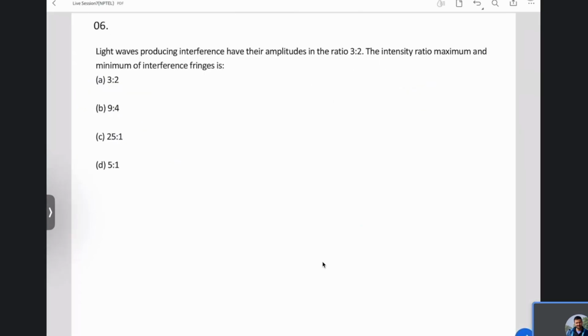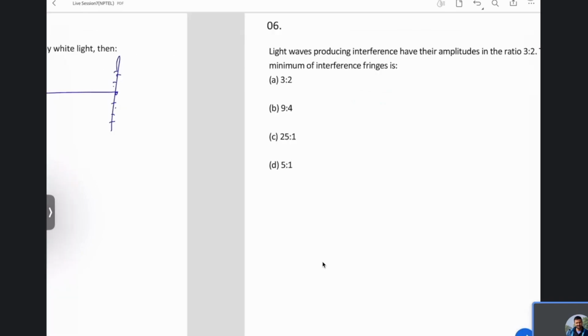Okay, this was a simple problem. Then we have another problem. The light waves producing interference have their amplitudes in ratio 3 is to 2.